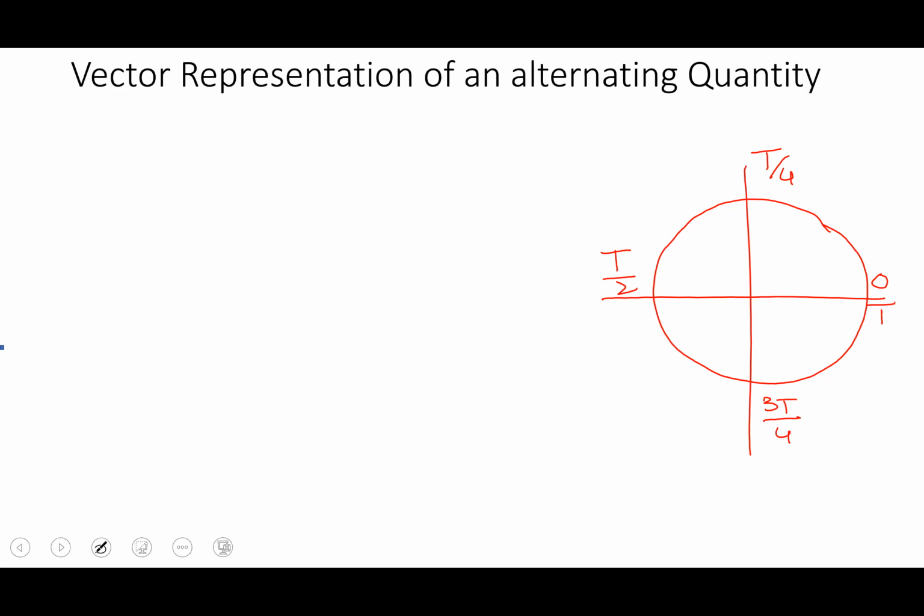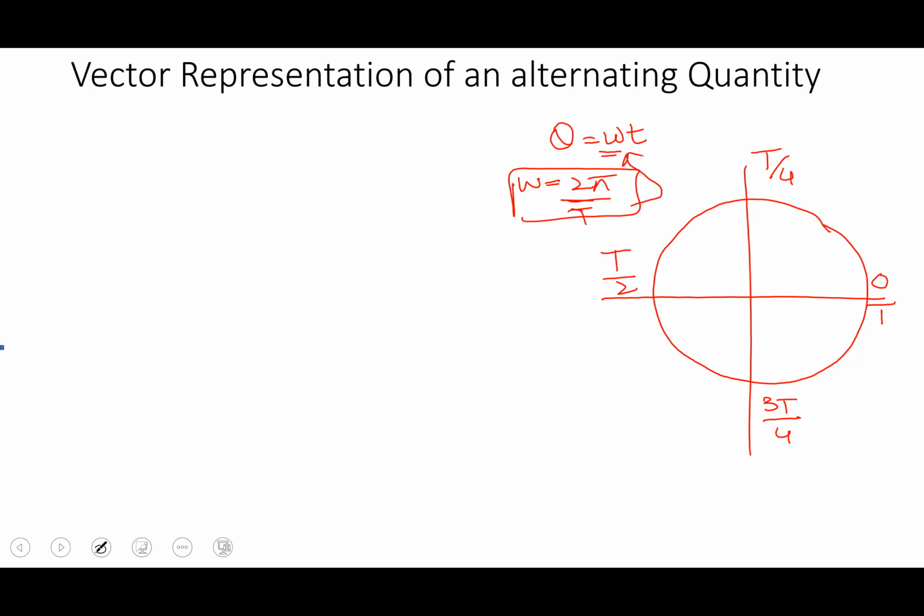Now we have the formula that theta is equal to omega t, where omega is representing the angular frequency. We know the value of omega because it is rotating through a whole cycle, which is 2 pi because of a whole circle, divided by the time period T. So let's put the value of omega in the above equation.